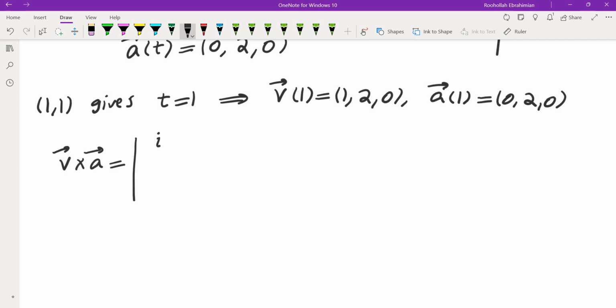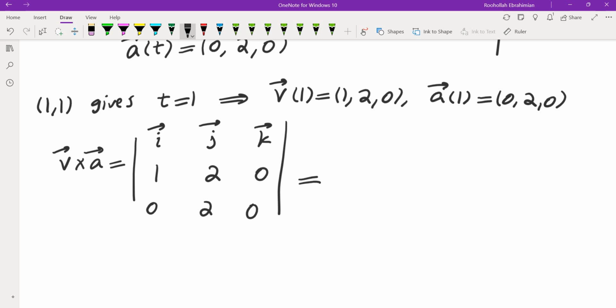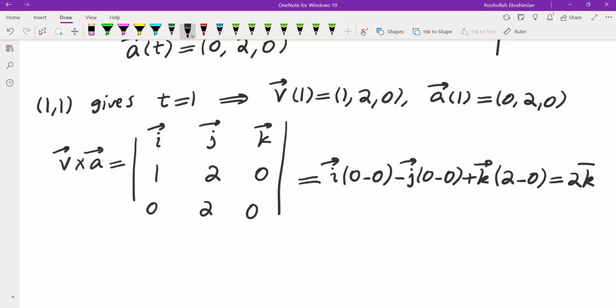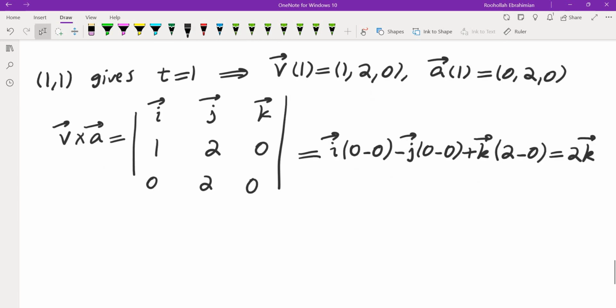This would be i, j, k, 1, 2, 0, 0, 2, 0. So let's evaluate this. So this is i times 0 minus 0. The determinant of this is 0 minus 0. And then j times, that's also 0 minus 0. And then plus k times 2 minus 0. So that is 2k. So that's v cross a.